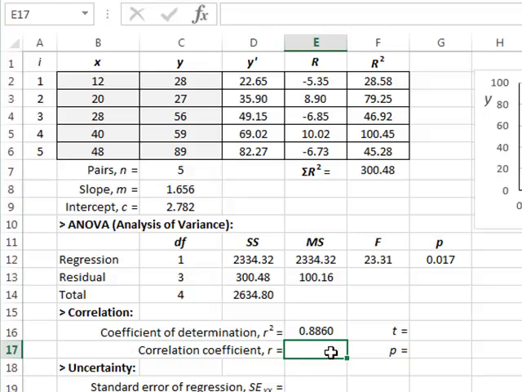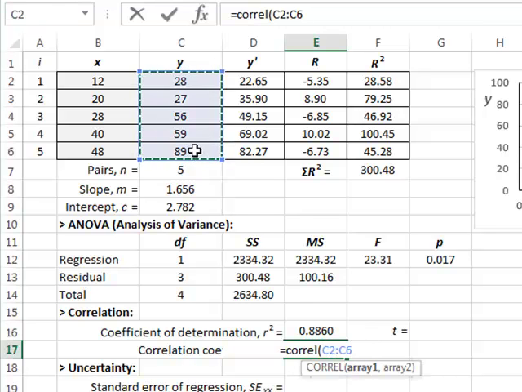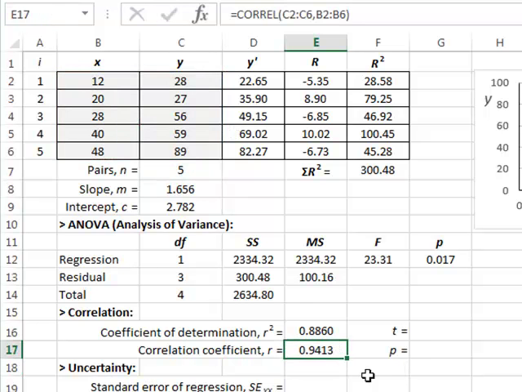The Pearson's correlation coefficient is then just the square root of this value, so that's the square root of r squared, giving 0.9413. We could also calculate this correlation directly using the CORREL or PEARSON function. For example, we could enter CORREL and the two sets of data values, the y values, comma, and the x values, and this would return the same value.